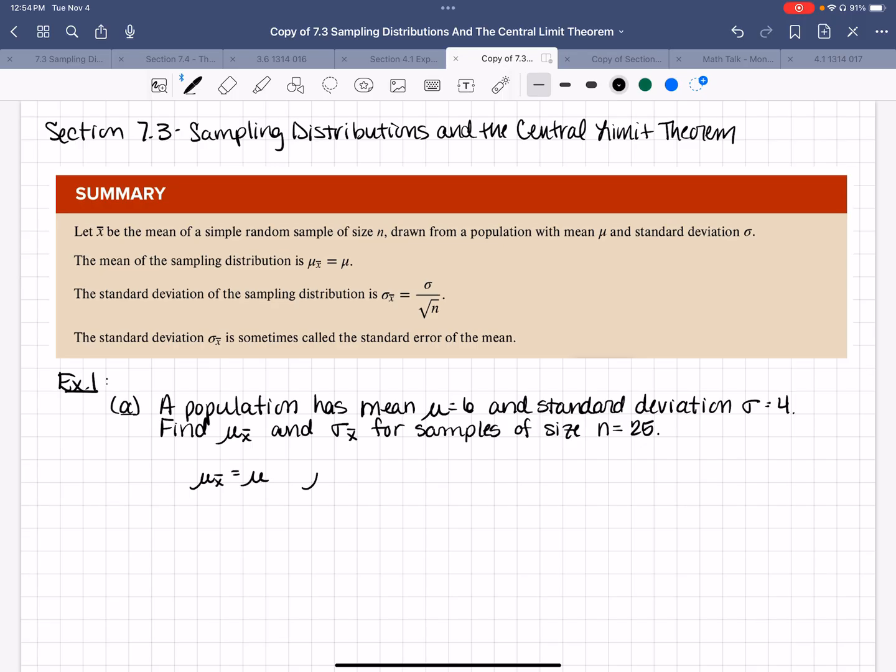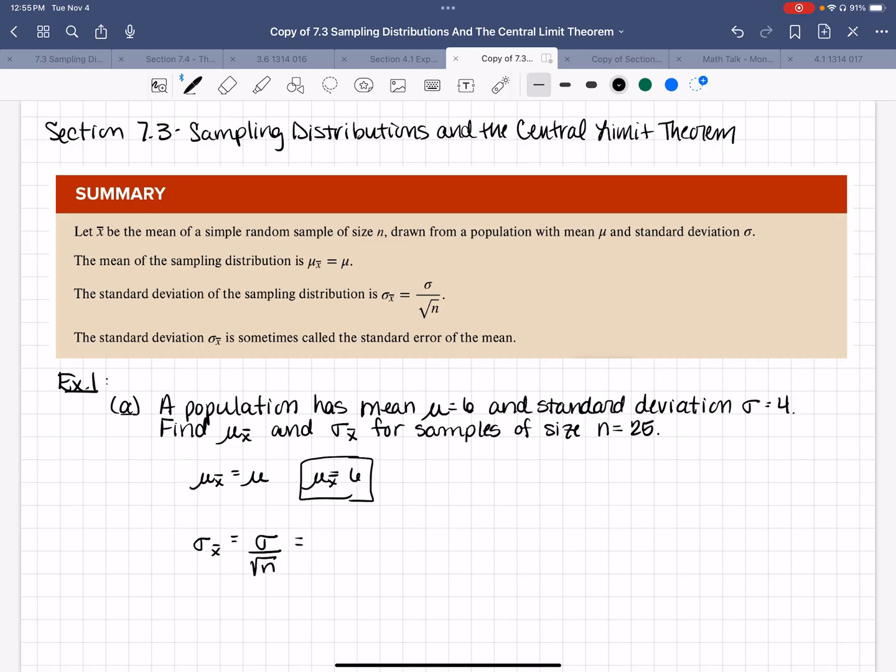So that means mu of x bar is going to equal 6 in this particular problem. Okay, and if I'm going to find the standard deviation of the simple random sample, I know that equals the standard deviation of the population divided by the square root of n.